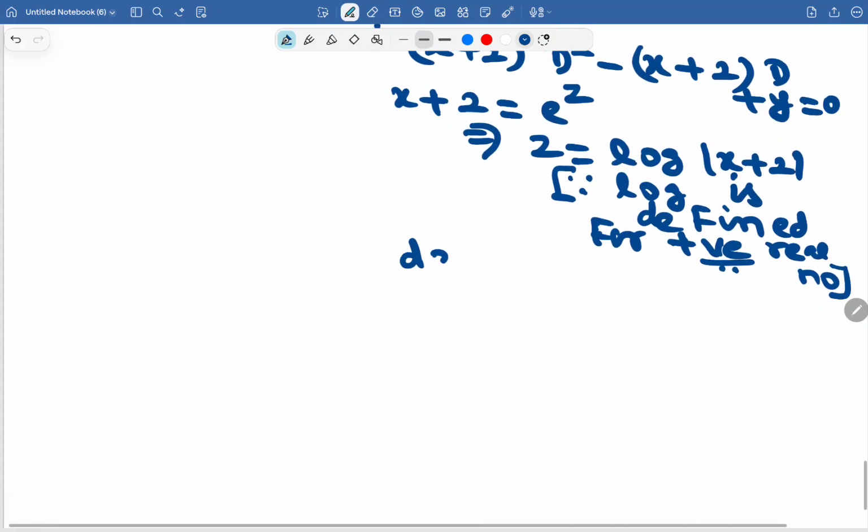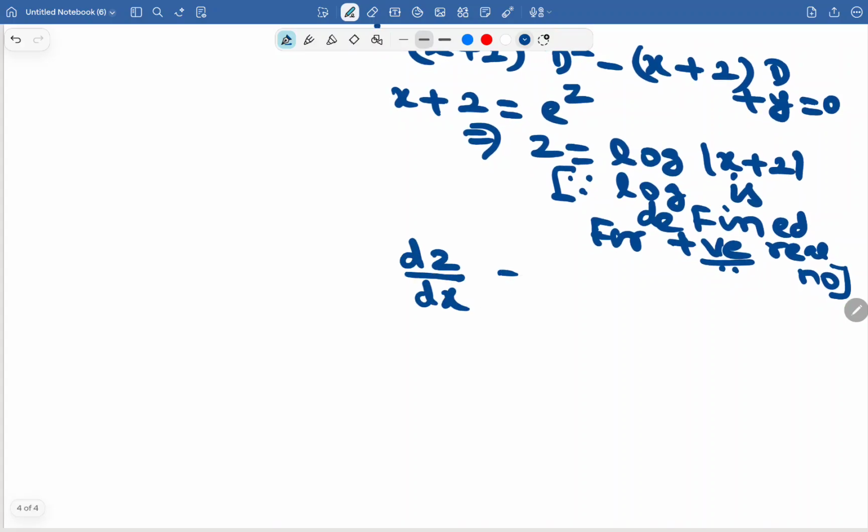Find dz by dx: 1 by x plus 2 into 1. Differentiation of x is 1, 2 is 0. So 1 by x plus 2.